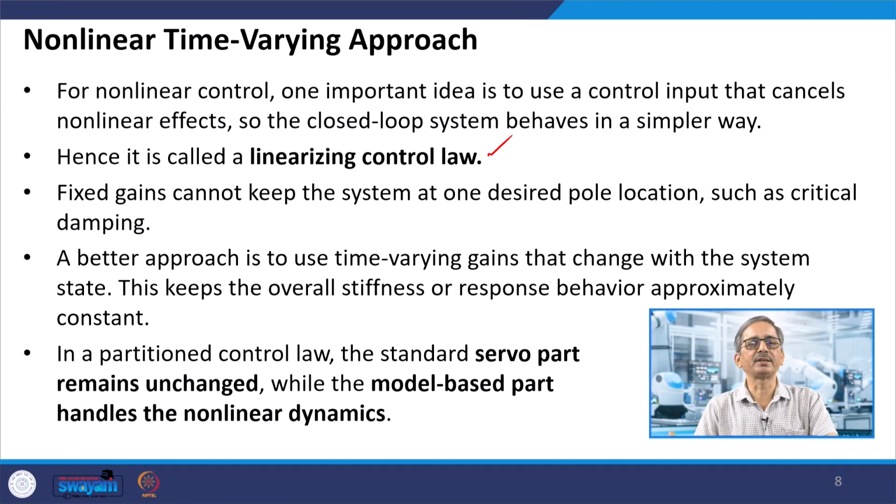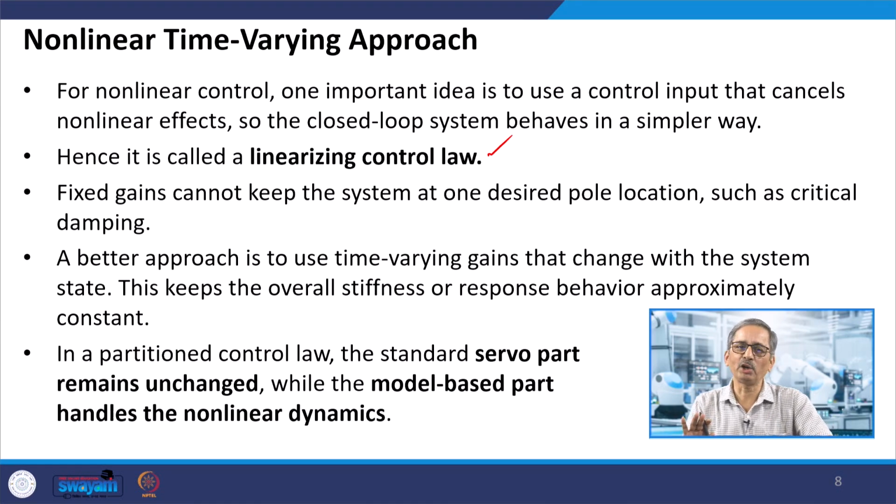And the fixed gain cannot keep the system at one desired pole location such as critical damping, that of course all of us know. So, a better approach is to use time varying gains that change with the system state, and this keeps the overall stiffness or response behavior approximately constant.